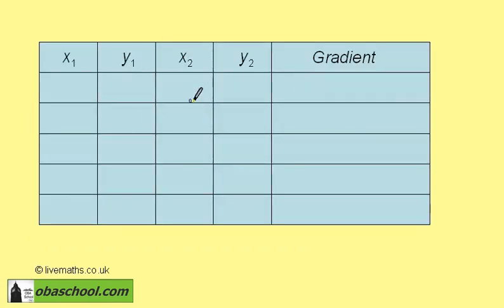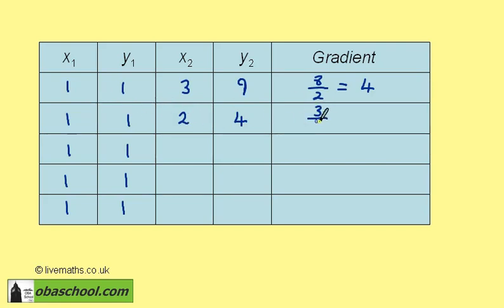We're going to continue this process using a table, as it will be less messy than continuing to use the graph. The point at which we were finding our gradient was the point (1, 1), so x1 and y1 are both 1. We've already tried the point (3, 9), and this gave us a gradient of 8 divided by 2, which was 4, and we also tried the point (2, 4), and this gave us a gradient of 4 take away 1 is 3, over 2 take away 1 is 1, which was 3.